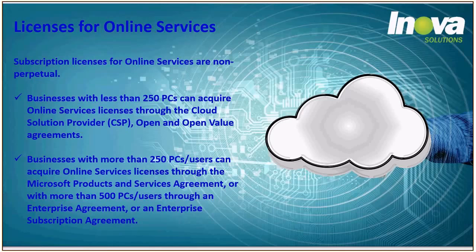Businesses with more than 250 PCs, you can acquire your online services licenses through the Microsoft Products and Services Agreement, or MPSA, as I was saying previously, or with more than 500 PCs or users, you can do that through your Enterprise Agreement or Enterprise Subscription Agreement.